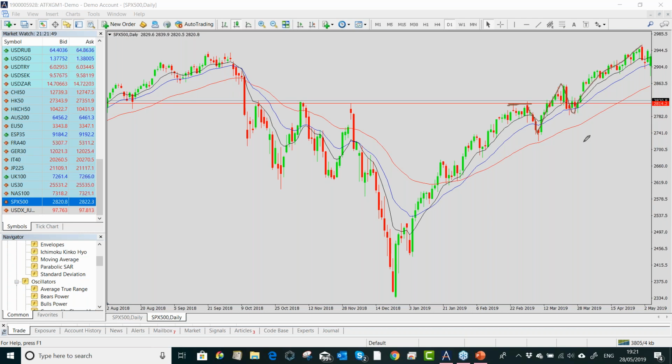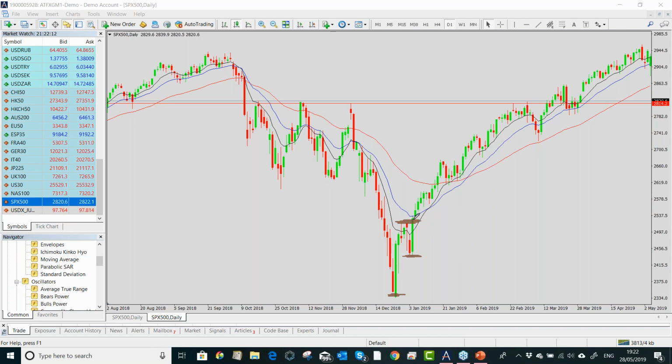So in my opinion, it's actually much easier to trade with the trend, because if we see from this point here, we've got a higher low, and past this point we've got a higher high. So here we have a trend, even an uptrend.